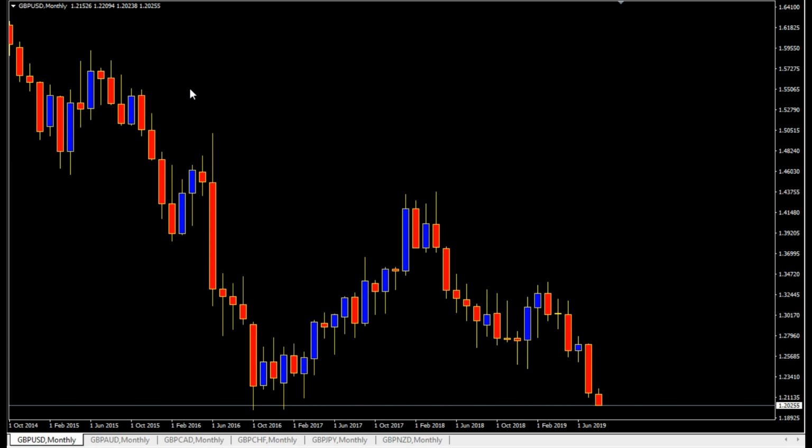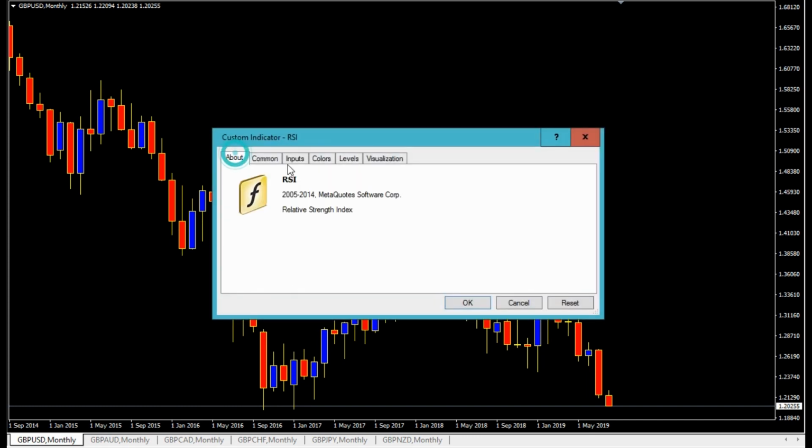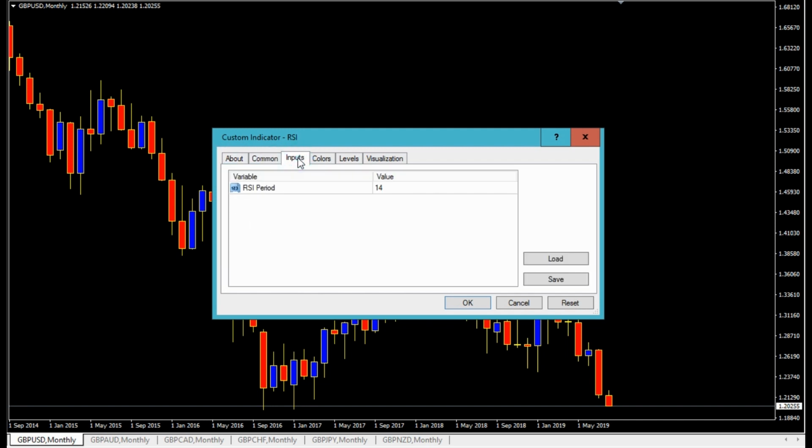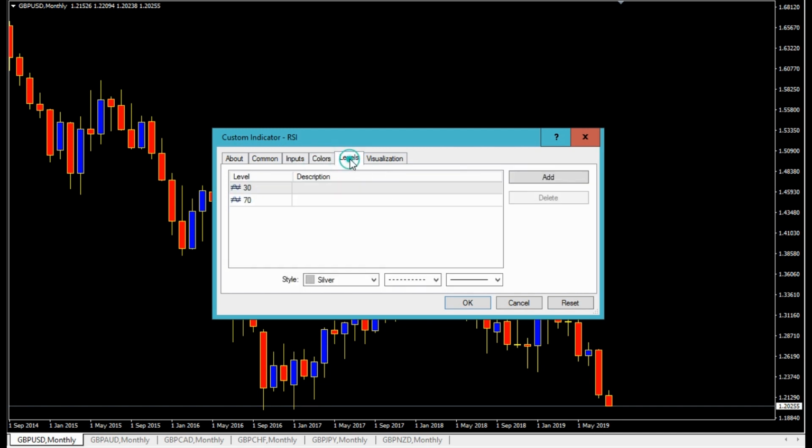Anyway, to find out the market direction, the first step is to take a monthly chart. You add the RSI, allow DLL imports, inputs: the value period is 14, color leave it as Dodge blue, levels add level 50.